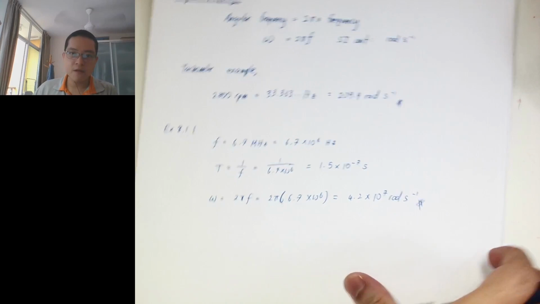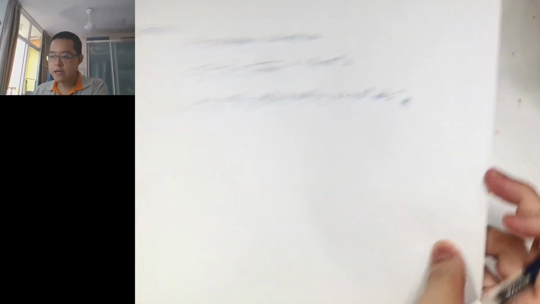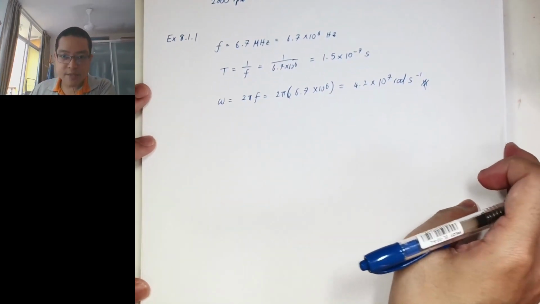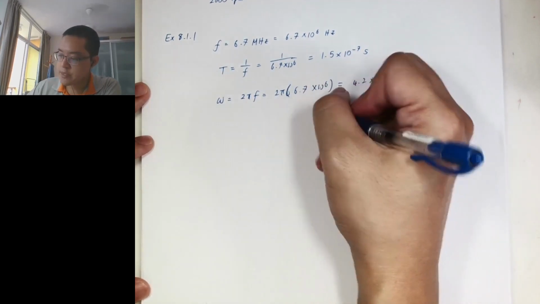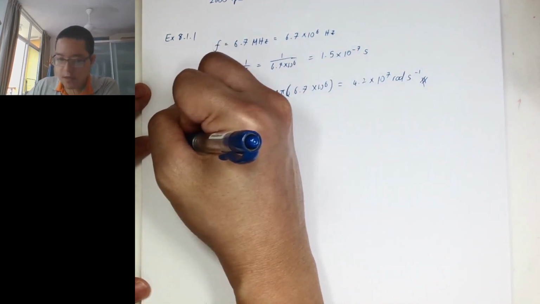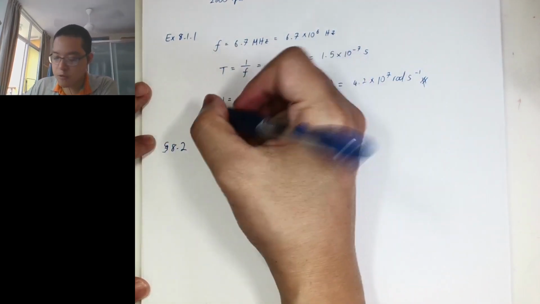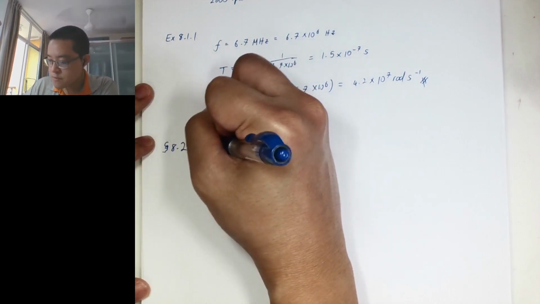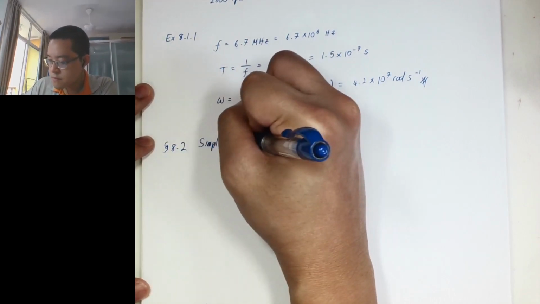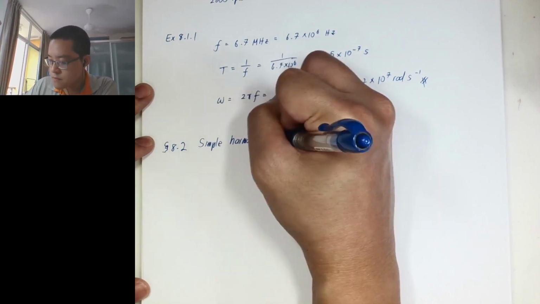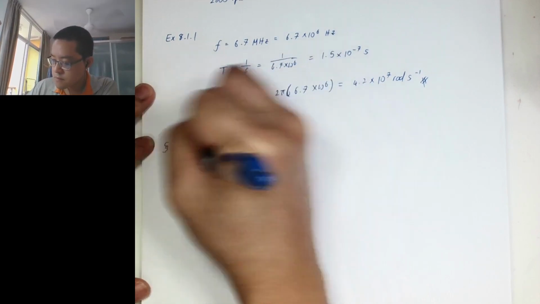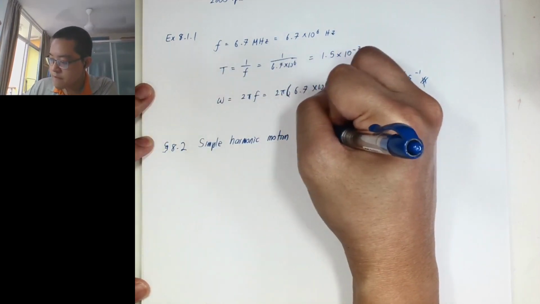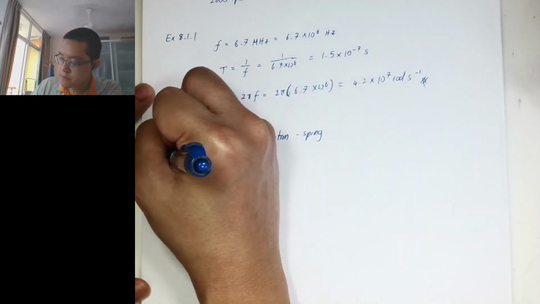If everyone already knows what this is, then we can go ahead to do the first oscillation motion that we will study in this course. It is the simple harmonic motion. An example of a simple harmonic motion is the spring.